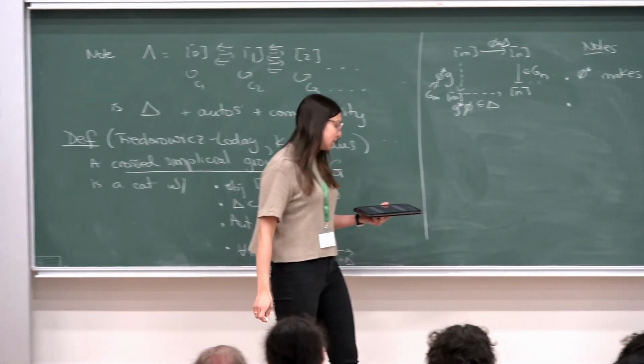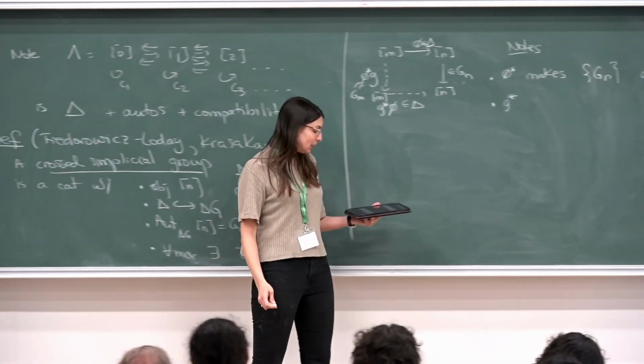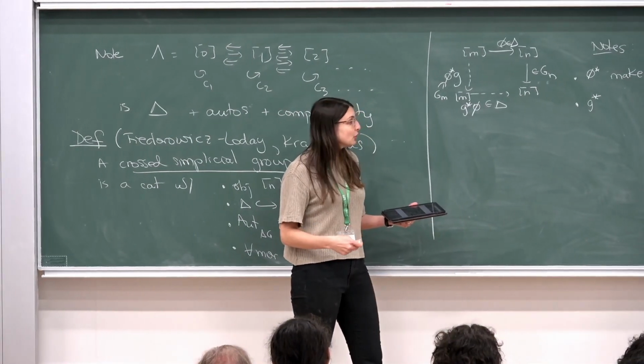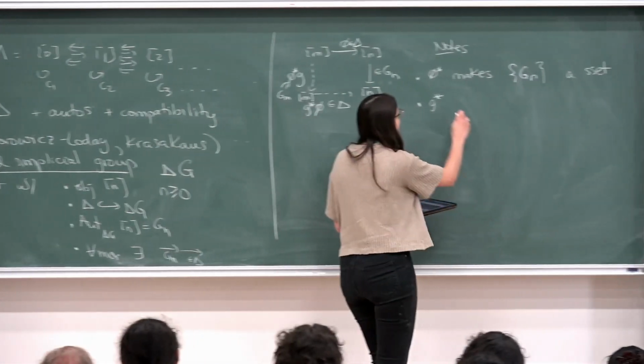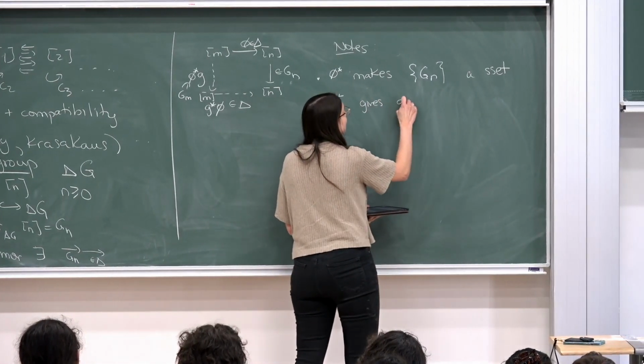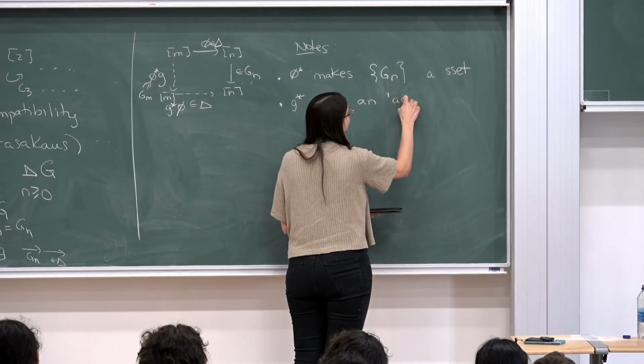Then, moreover, if we look at this operation G star for any fixed little g, this gives an action of Gn on the set of maps from n to m. Well, maybe I shouldn't call it an action. Maybe I'll put this in.